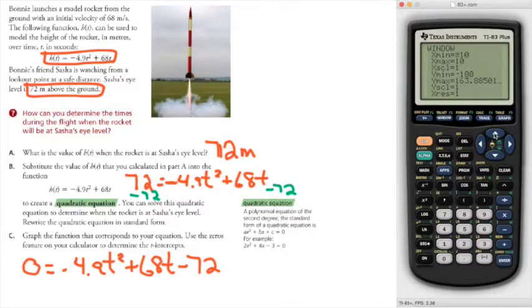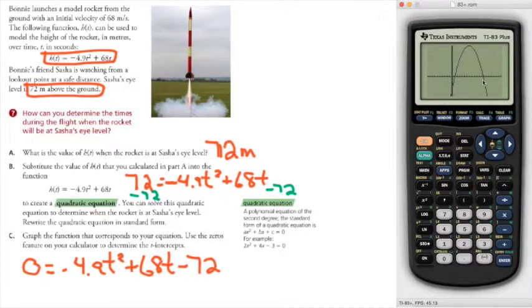The X-min is okay, but the X-max I'm going to go to maybe 20, just because we need to see that second X-intercept. And again, this is a guess right now. Hopefully I have a good guess. I may have to go back and adjust my window settings after I graph, or I may have got lucky and I have good window settings.